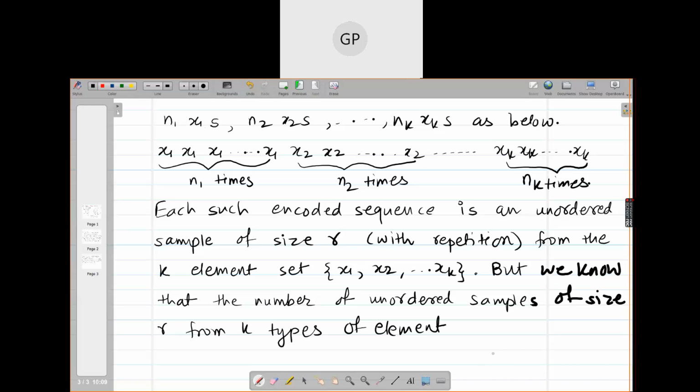There we had sample size n, but now we are having the sample size r. Are you getting it, girls? Because we have x1 plus x2 plus up to xk equal to r, and there are k types of elements we are putting. So it is using that formula. In place of n, now we will substitute r.